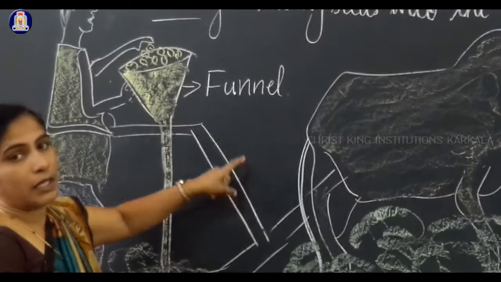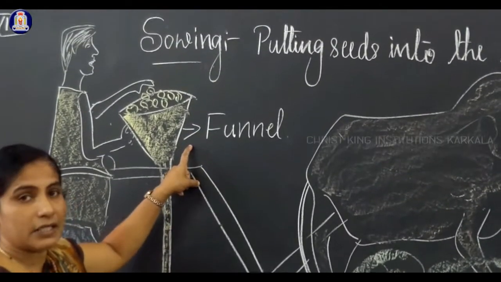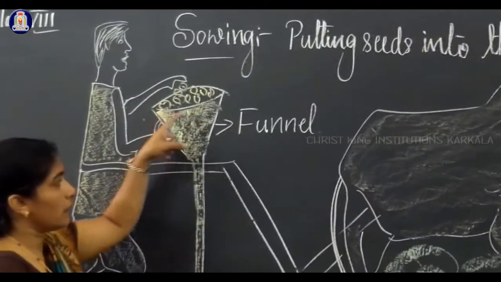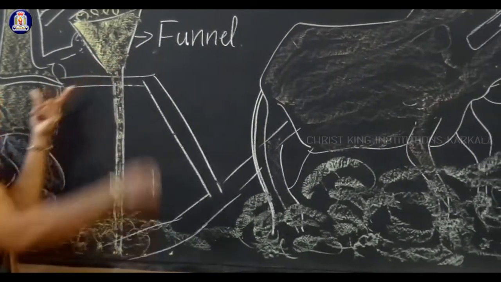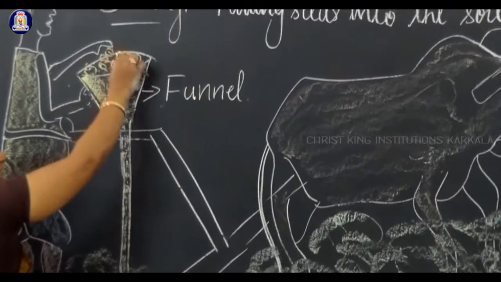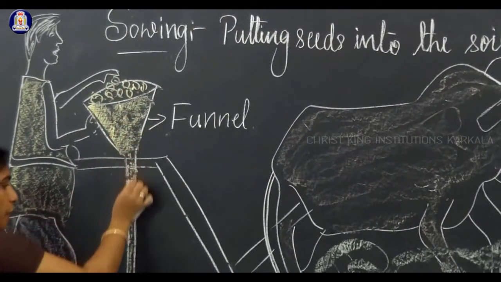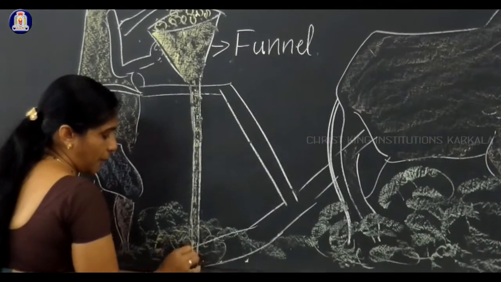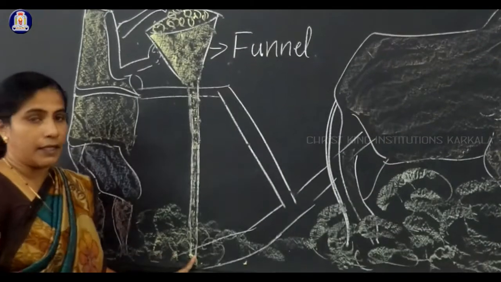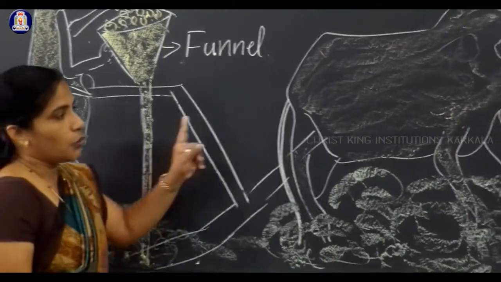In some areas this technique is still useful, using a funnel shaped structure as a tool. We fill the seeds, they flow to the ground or the field, and the pipe is pierced with a sharp end, where the seed flows using bulls.